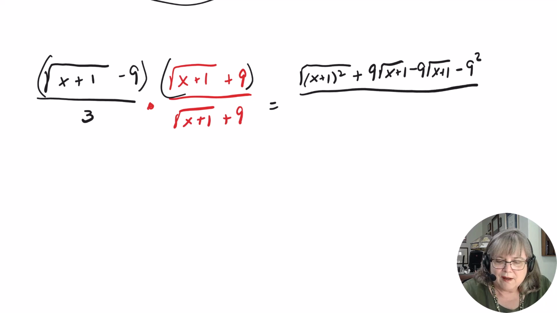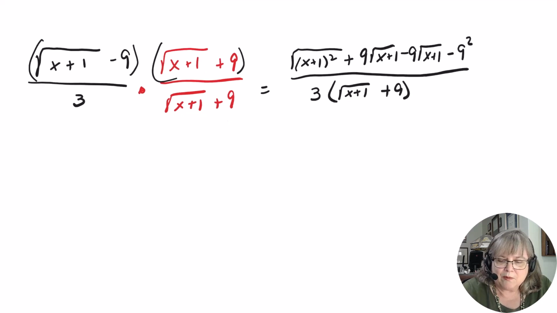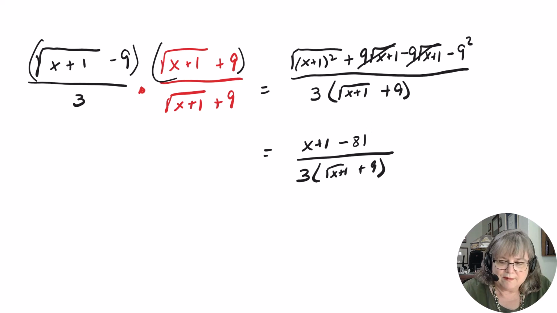Okay? And we would have 3 times the square root of x plus 1 plus 9. So the square root of x plus 1 squared is x plus 1. These two zero out, and you'd have minus 81 over 3 square root of x plus 1 plus 9.